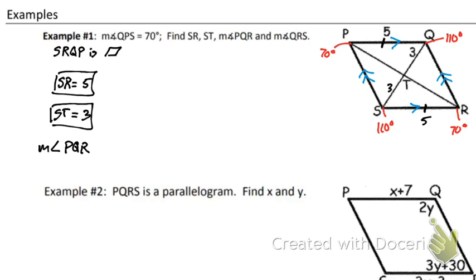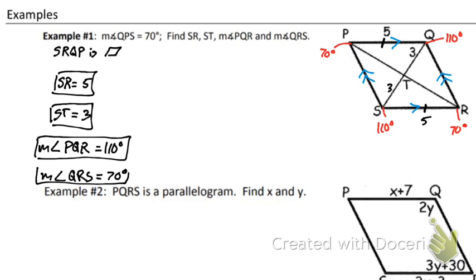We're looking for the measure PQR. PQR is that one on the top right. We said that was 110 degrees. We had one more, QRS. QRS is that bottom right one, so that would be 70 degrees. And we did it all.